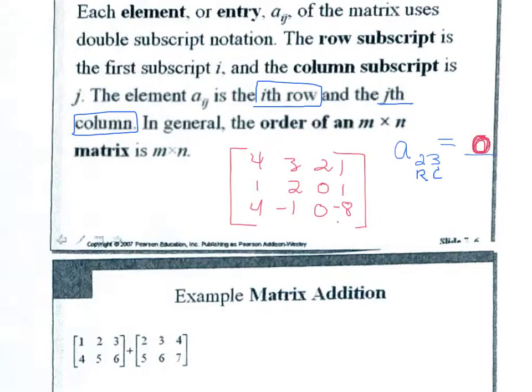Okay? So that's the location. I'm ready. You ready? Okay, so tell me, what is A 3 1? A 3 1. Okay, what is that equal to? 4. Positive. Is it 4? Okay. 1, 2, third row, first column. It is. That's 4.